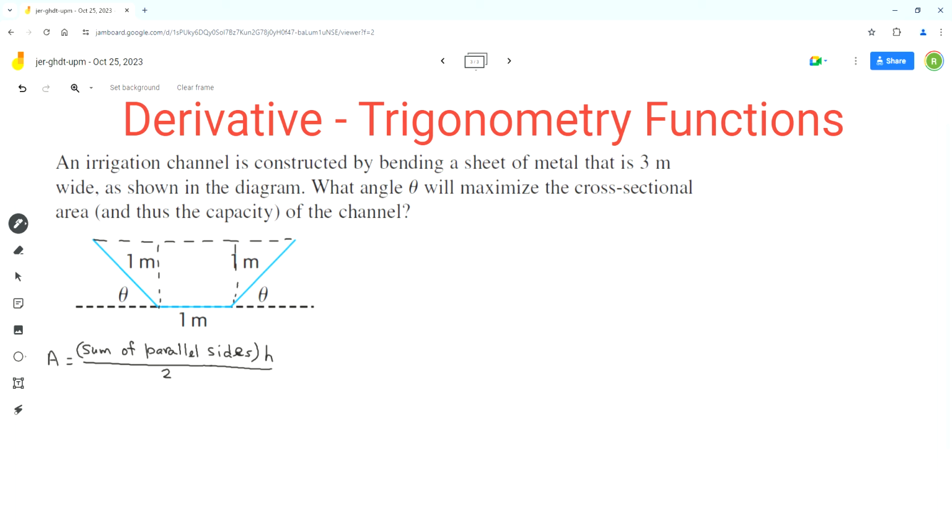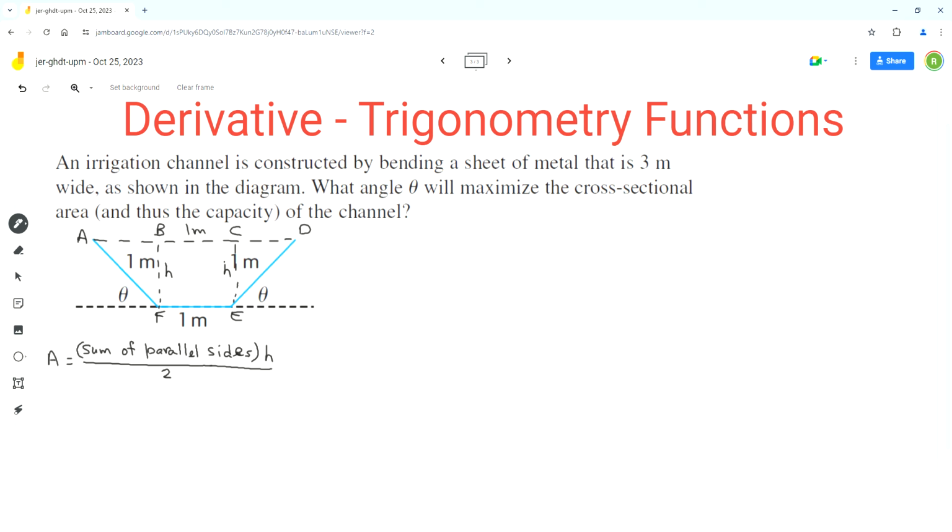These two broken lines here represent the height of the trapezoid. The parallel sides are AD and FE, and FE is equal to 1 meter. The distance from B to C is also equal to 1 meter.